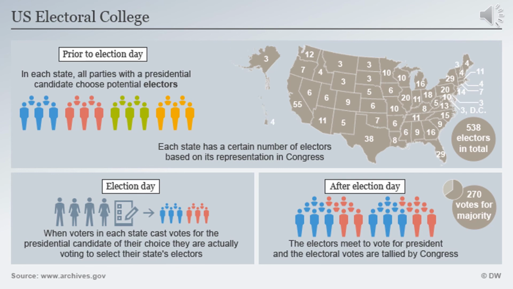It's probably safe to say, although it's closer than it's been in years, that those 38 electoral votes from Texas will go to Donald J. Trump. So Texas will send 38 electors to vote for Donald J. Trump. There are 538 electors in all.